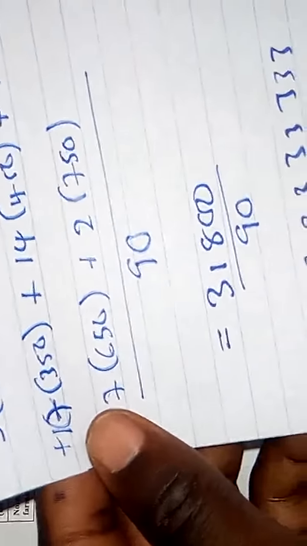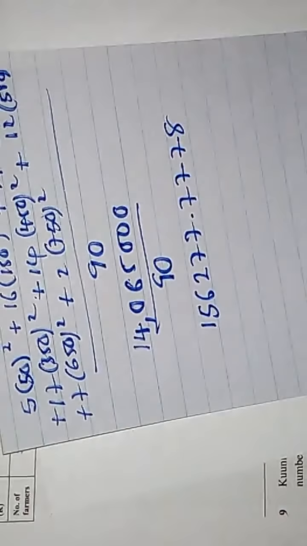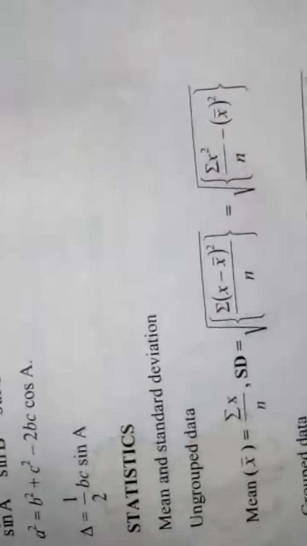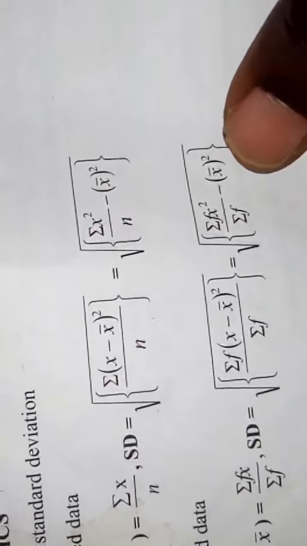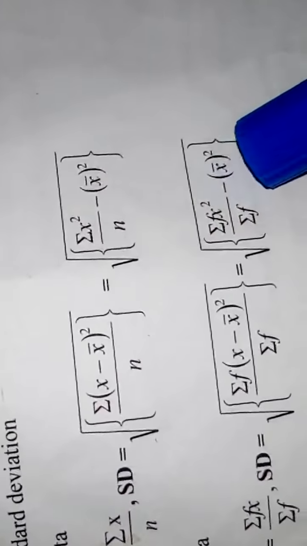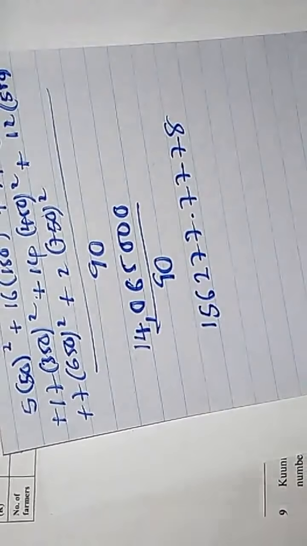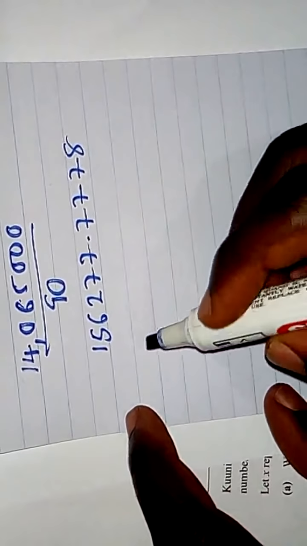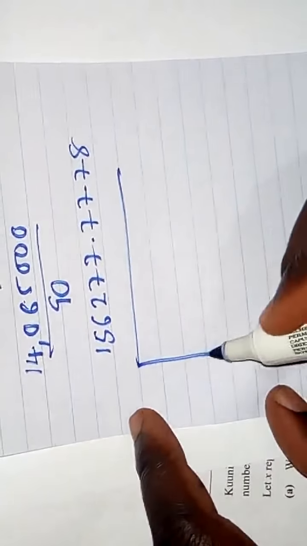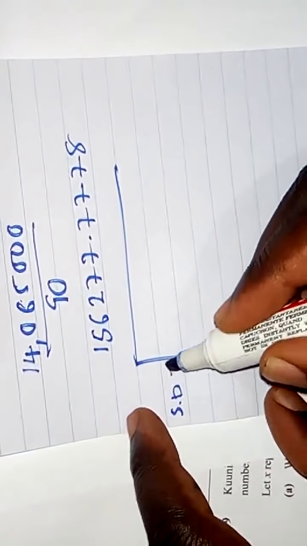The number I've just found, we'll take it together with this mean. We subtract the mean squared. So we square the mean and subtract according to the formula. You see, this is the mean of squares minus the mean squared. So put the square root for finding standard deviation.